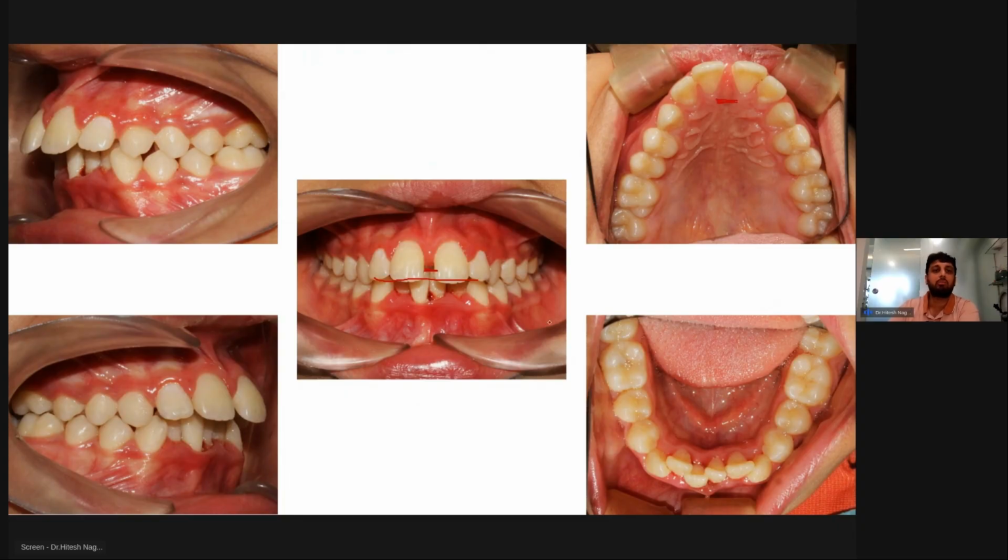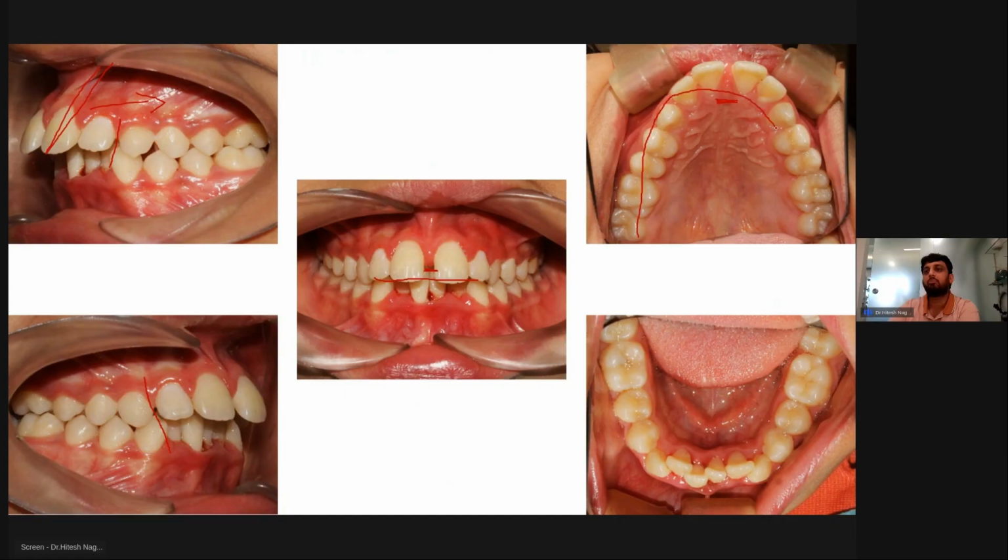So what are my treatment objectives? My treatment objectives would be to first correct the angulation, utilize these spaces, take the teeth behind, that is when the angulation is corrected, and widen the arch a little bit.